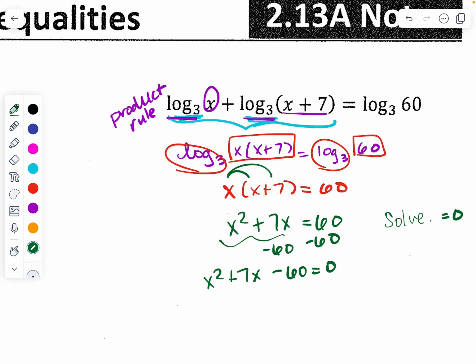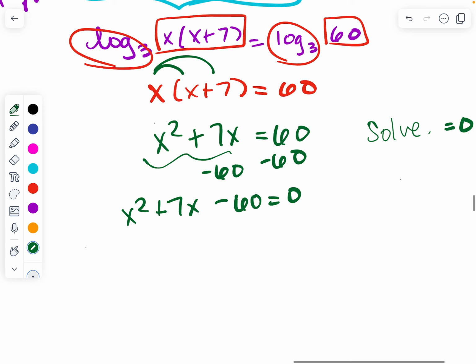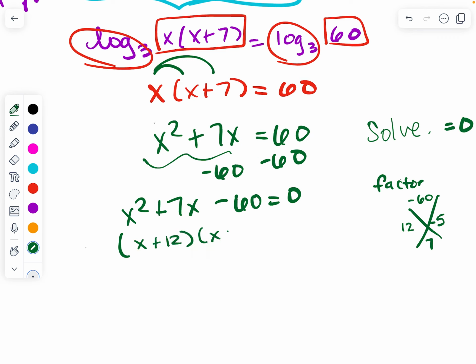Either we can factor this or use the quadratic formula. If we factor this, we need to see, is there anything that multiplies to negative 60 that will add to 7? I know that 12 times 5 multiplies to 60. To make it negative, we can make that negative 5. This will work. So we can say x squared plus 7x minus 60 can be factored to x plus 12 times x minus 5.